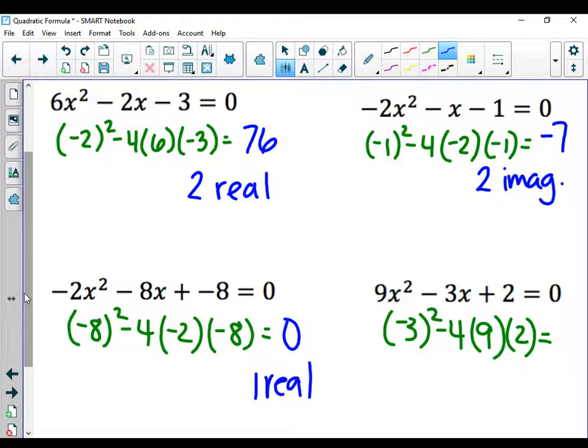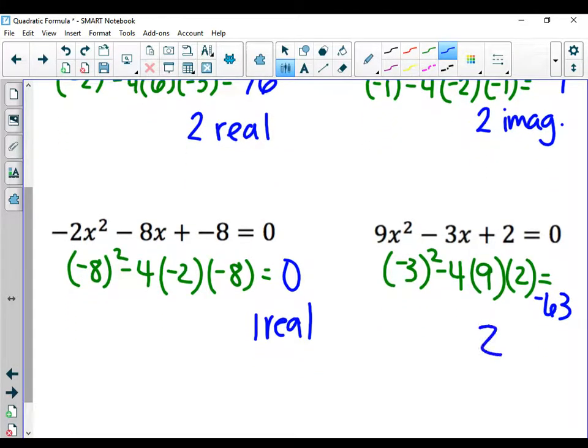Last one. You already answered one. Last one. Anybody? I'm a very impatient person. -63. -63. And how many and what kind? Two, okay, two imaginary.